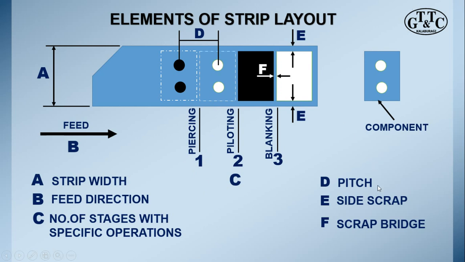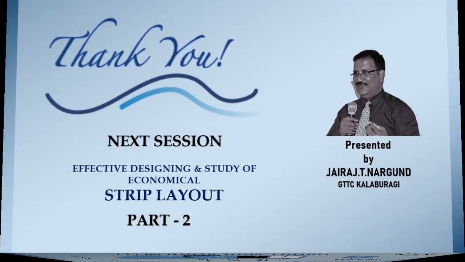But in general these two are the side scrap. And then F is the bridge. This is the bridge between two consecutive components. And that's how we see the complete elements of the strip layout, which are very mandatory when you start designing. All this information has to be provided.